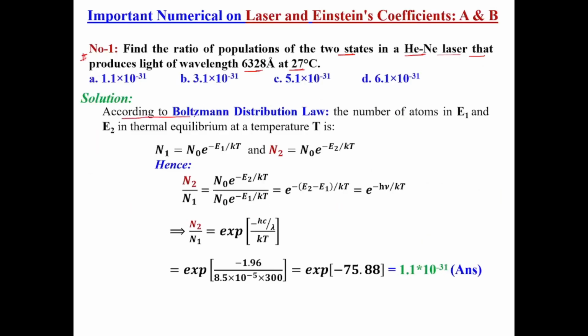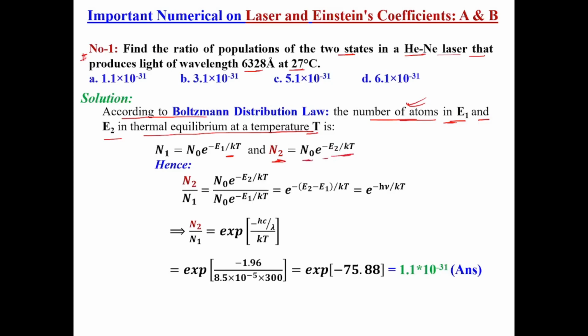I have written that according to the Boltzmann distribution law, the number of atoms in E1 and E2 in thermal equilibrium at temperature T. You have to consider the number of atoms per unit volume in a particular energy level E1 and E2. At thermal equilibrium T, N1 equals N0 e to the power minus E1 by kT, and N2 in energy level 2 equals N0 e to the power minus E2 by kT.